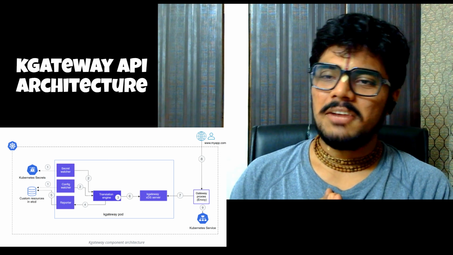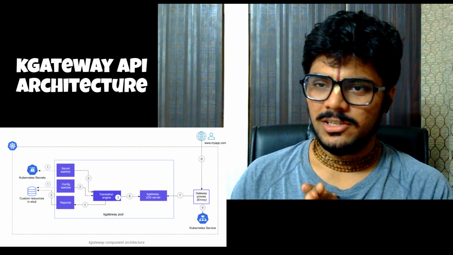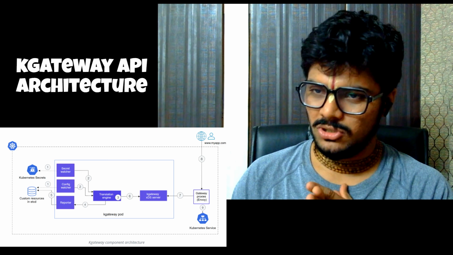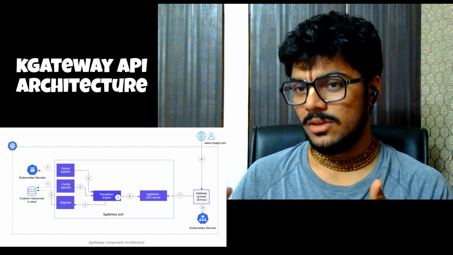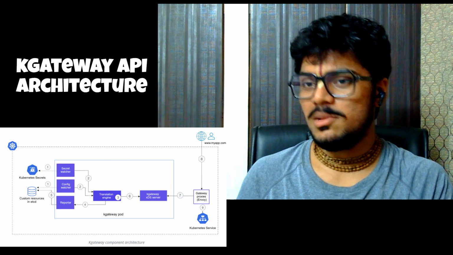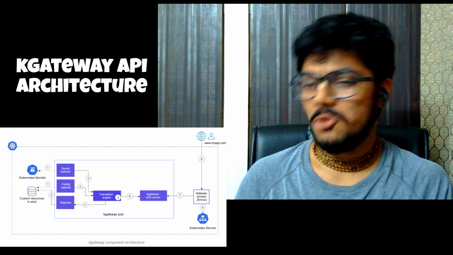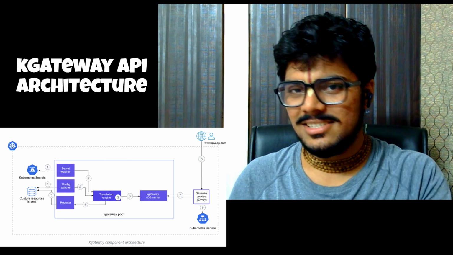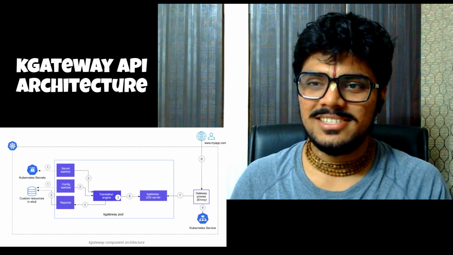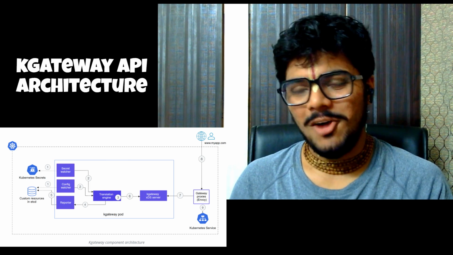So it will be looking after and monitoring all those resources, and if any change or any new resource has been found by these watchers, it will be forwarded to the translation engine of the kgateway project's backend.